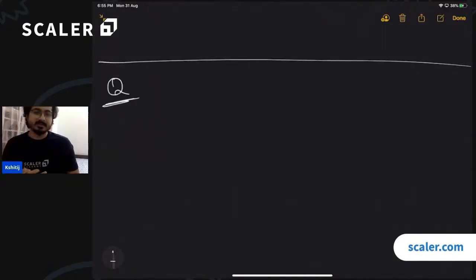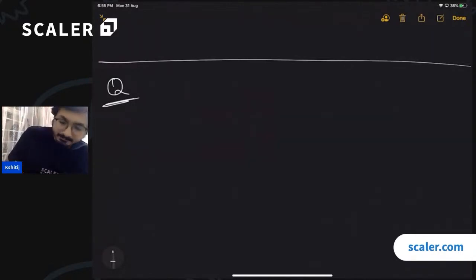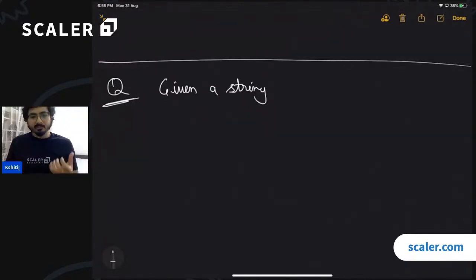The next problem says that you are given a string and you have to remove pairs of duplicate characters placed together.